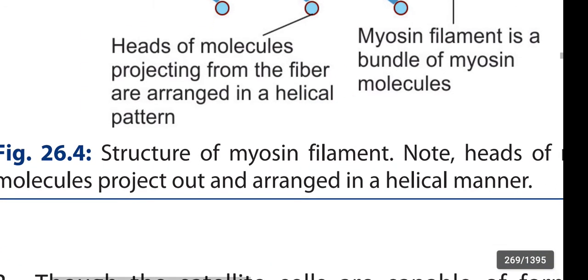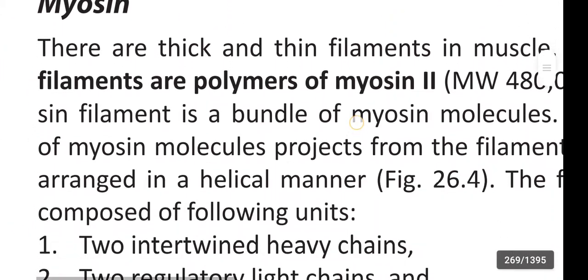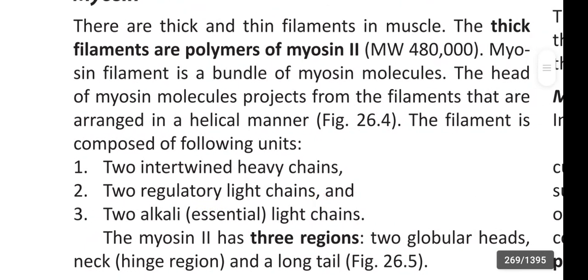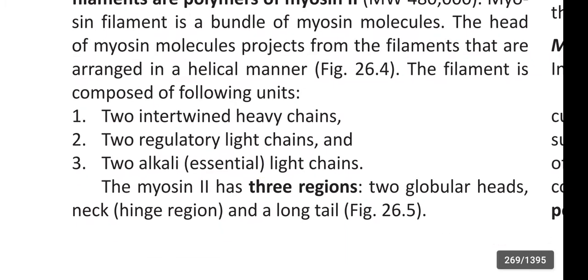Okay guys, next, the filament is composed of following units: two intertwined heavy chains, two regulatory light chains, two alkali essential light chains. The myosin 2 has three regions: two globular heads, neck and tail.